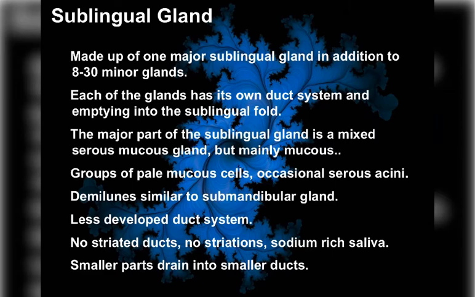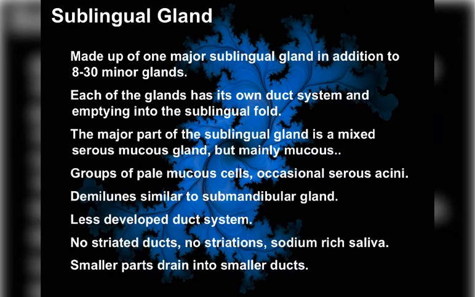Now we'll talk about the sublingual gland. It's made up of one major sublingual gland in addition to 8 to 30 minor glands. Each of the glands has its own duct system, emptying into the sublingual fold in the floor of the mouth.